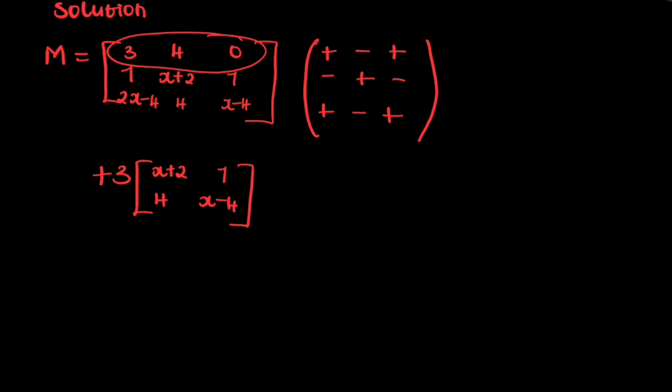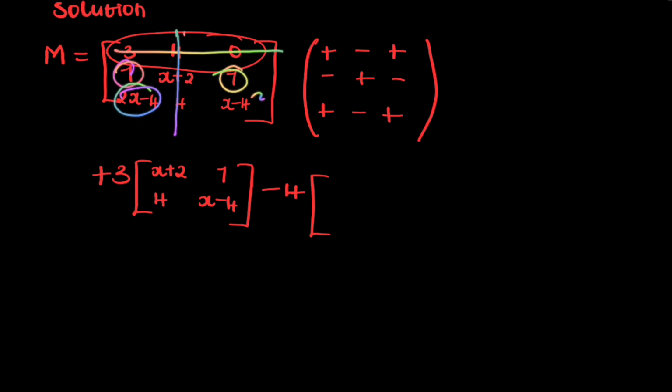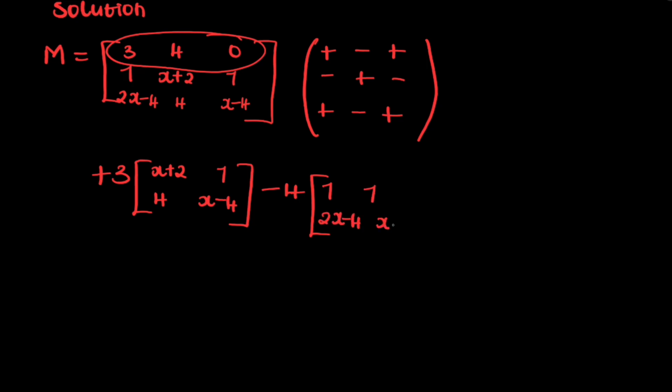Take the next number, 4, but it has a minus sign, so we take note. We delete its row, delete its column. What are we left with? 1, 1, 2x minus 4, and x minus 4. We write it down. 1, 1, 2x minus 4, x minus 4.